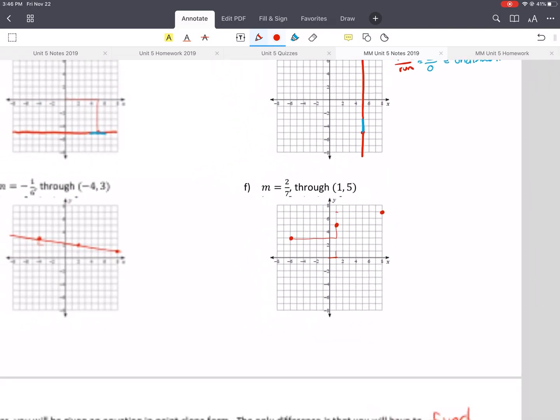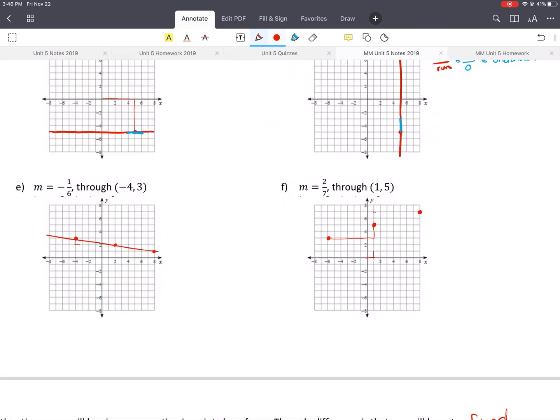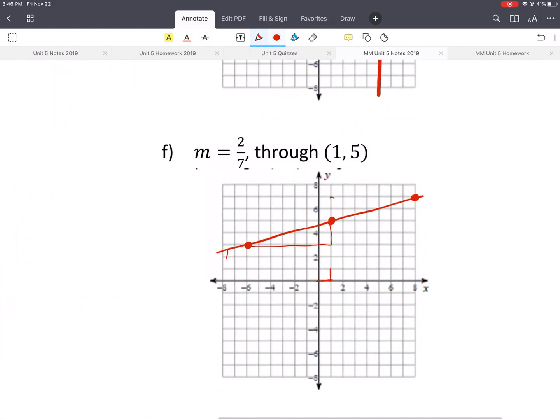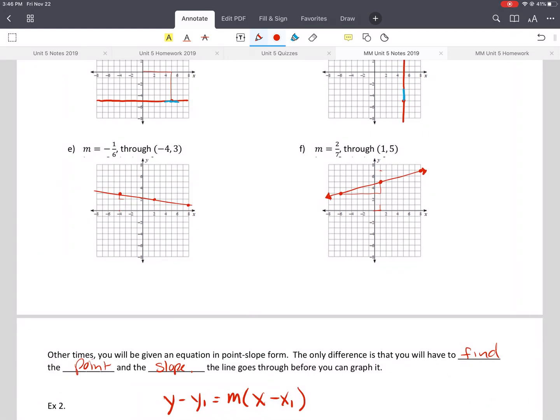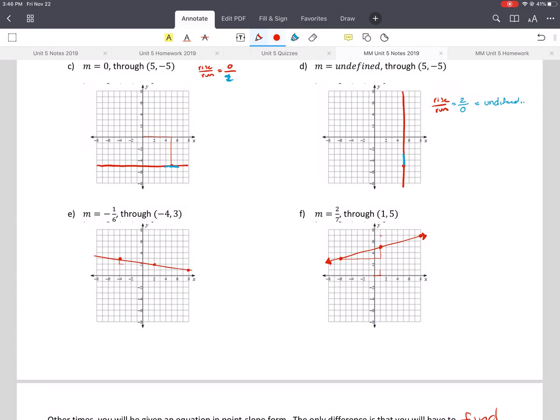And again, try to use a nice straight edge to make that look good, and you can put arrows on them. All right, so that's pretty good. All you need to do here is plot the point and use the slope.